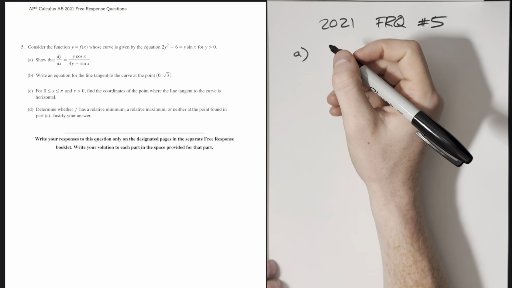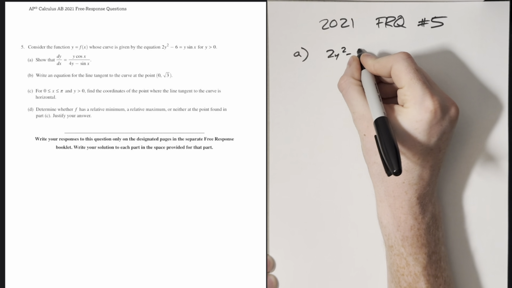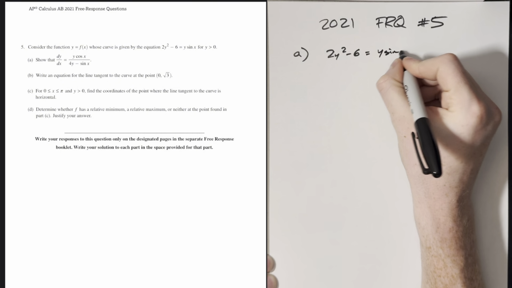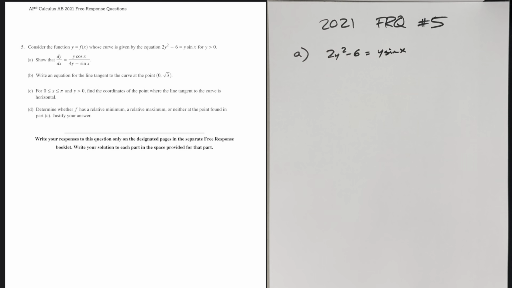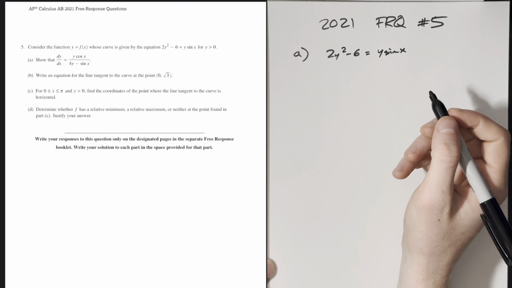Okay, so we have an equation, 2y squared minus 6 equals y sine x, and it's asking me to show that my derivative of y with respect to x is this function. I can do that by taking an implicit derivative of my equation.